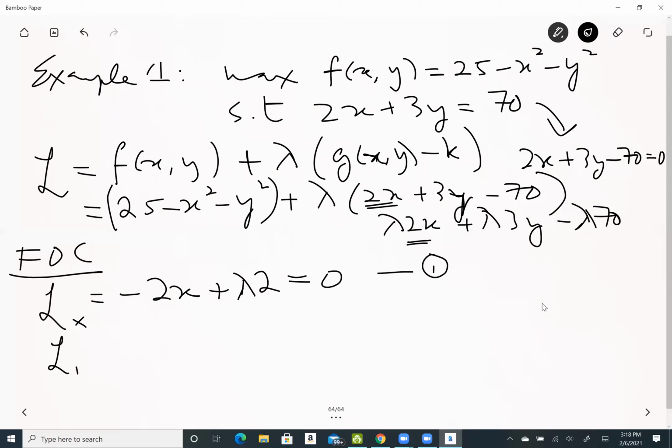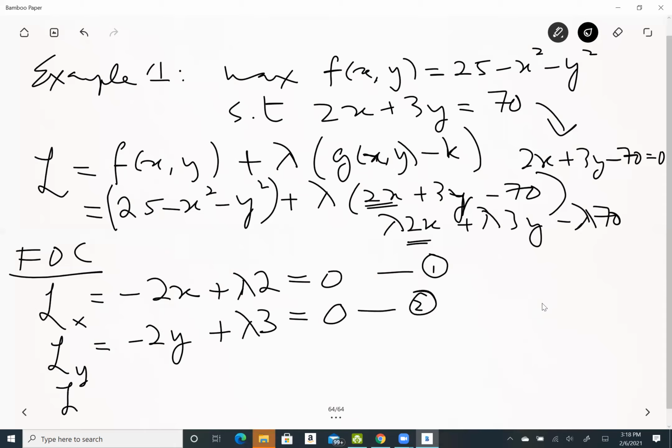Second, Ly. Ly is equal to negative 2y, because here you have a y squared, and here you got a 3y. So plus 3 lambda, equal to 0. Call it number 2. Now L lambda.